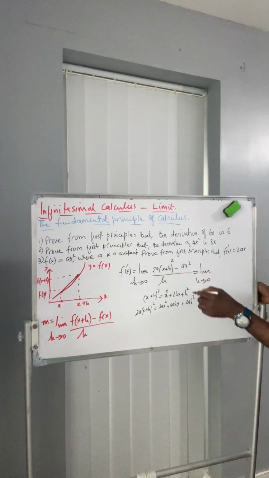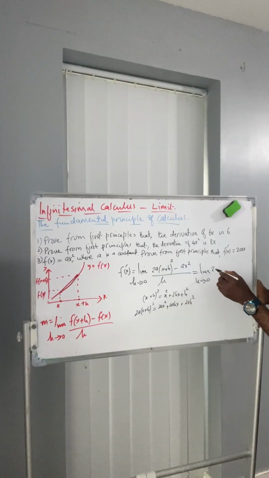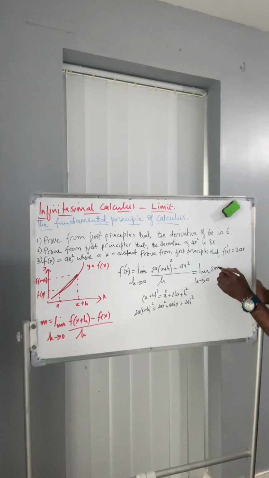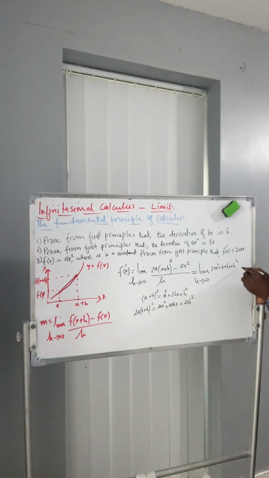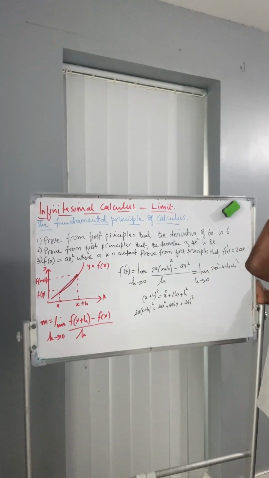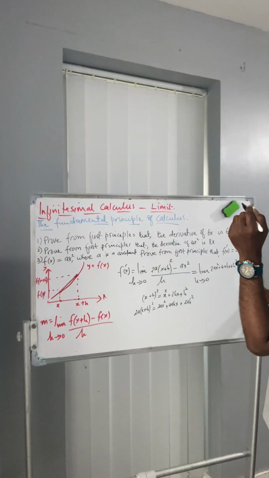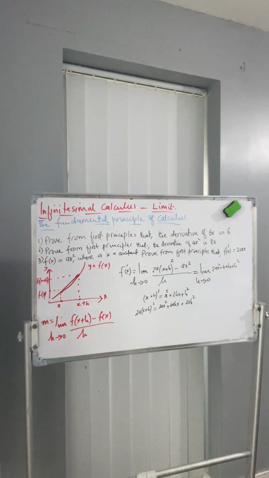So I'll now put it here as 2ax squared plus 4ahx plus h squared, then minus ax squared. Minus, where does the 2 come from? I shouldn't have 2.